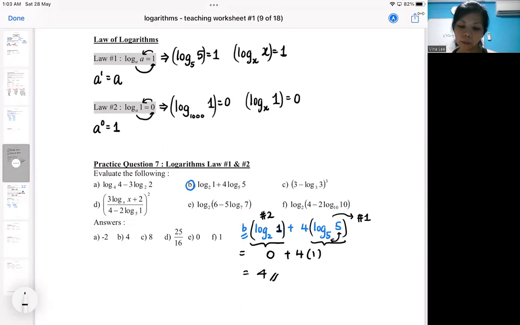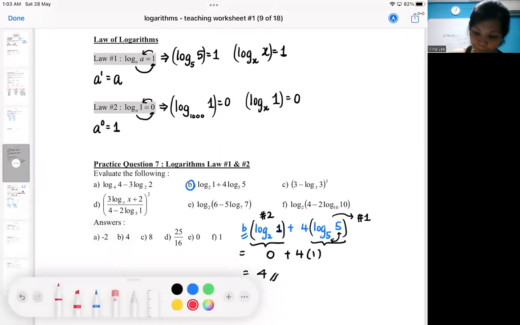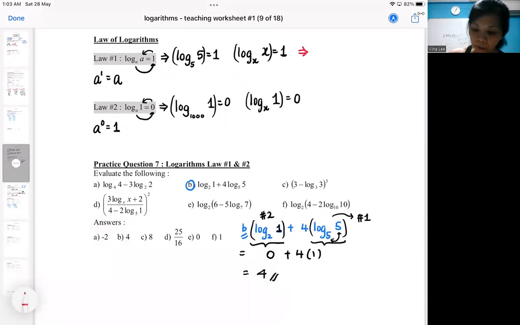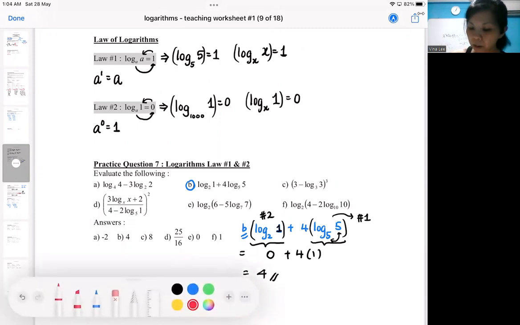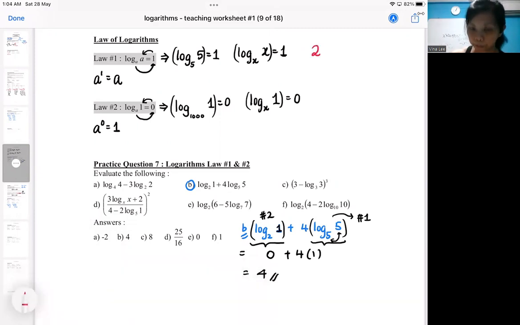Rule number 1 and number 2, particularly rule number 1, sometimes can be used in the opposite way. For example, if I get a numerical value, the numerical value can be changed to a log that I want.